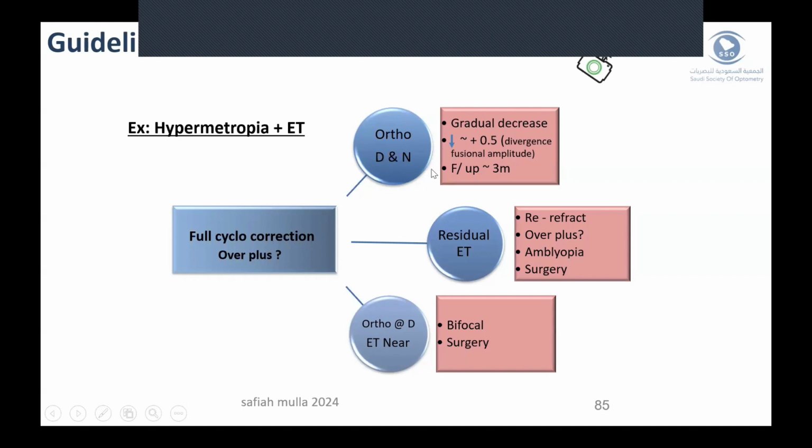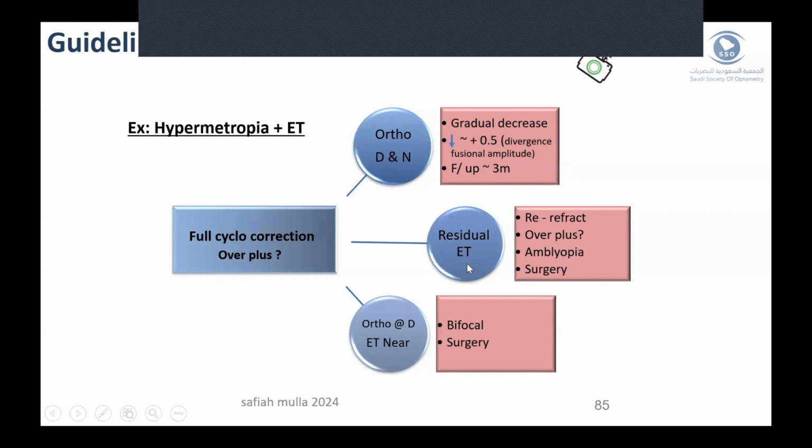If it doesn't make a difference, everything is okay, ortho, near and distance, then we cut this 0.5. If no, the child is not responding, then we put it back and we give the child follow-up in 3 months, and we will do the same each time. Since the child is ortho at distance and near, we are happy, and we are going to do this at each visit until we reach the point of the refraction that is suitable for the child with the best visual acuity. The aim is we want the child to accommodate by himself.